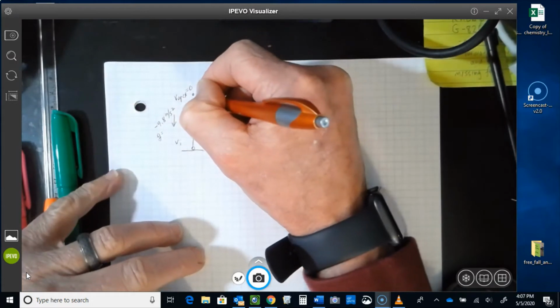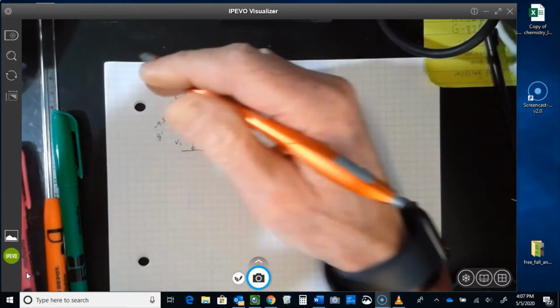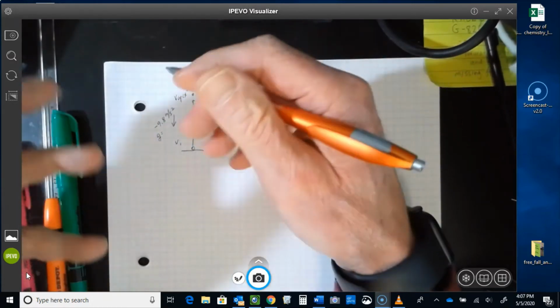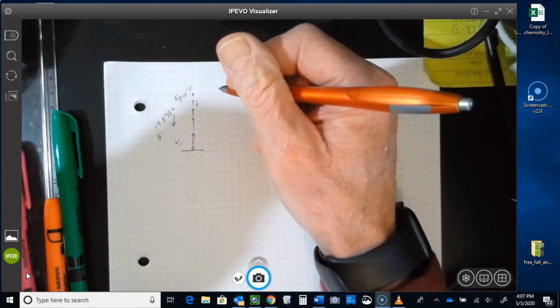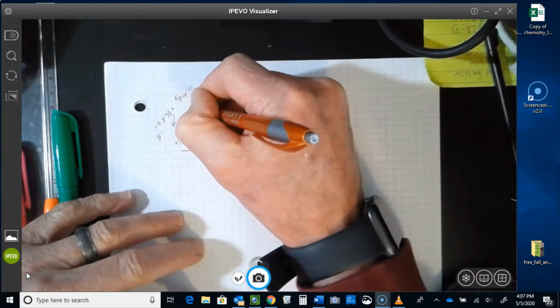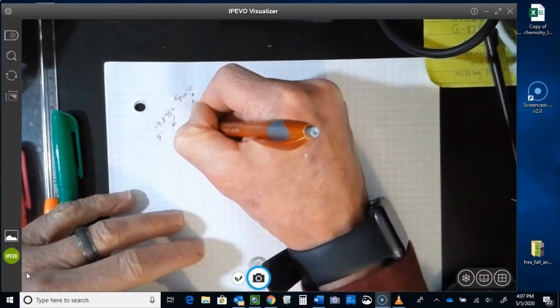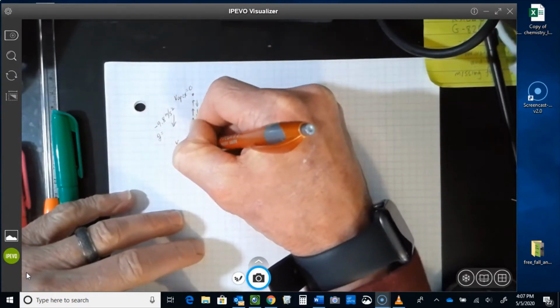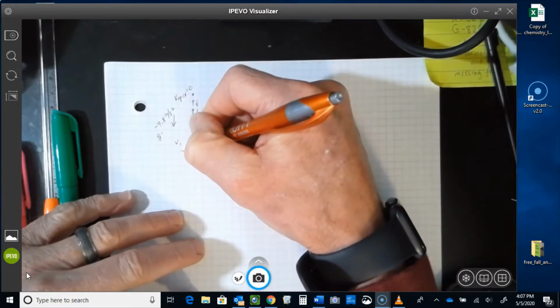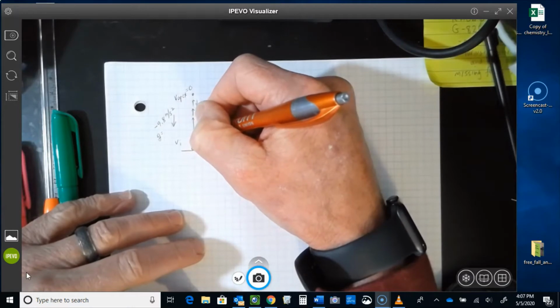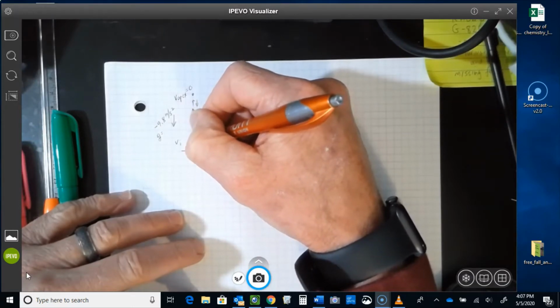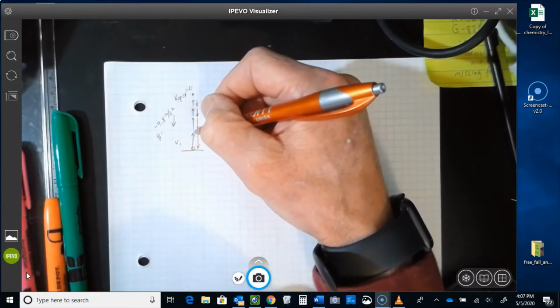assuming we have no air resistance, which is what we're neglecting with free fall, then our velocity vectors will be symmetric. For example, it's going to hit the ground with the same velocity, except it's now a downward motion. When we projected it up, it was an upward motion.